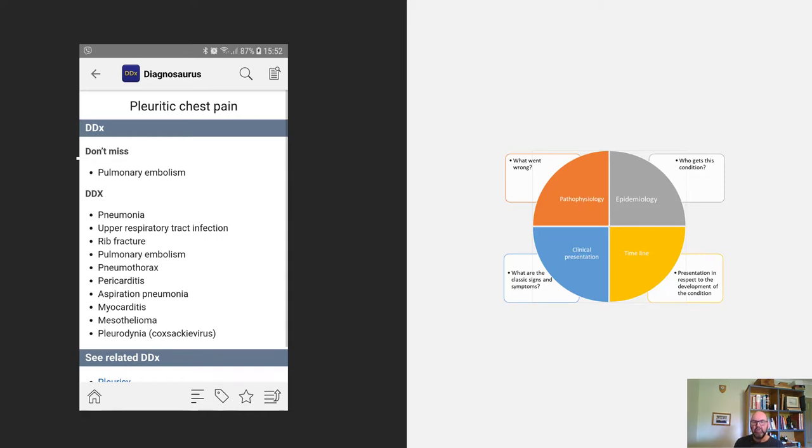The historical features and timeline for a pulmonary embolism often relate to air travel, prolonged stasis or perhaps bed rest, recent surgery, a patient who's already taken anticoagulants because this identifies the patient at risk from an embolic event anyway, or that they suffer from atrial fibrillation.